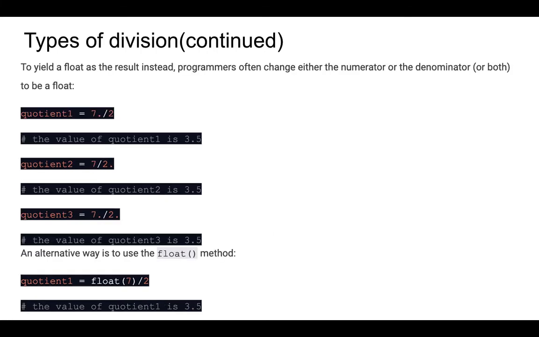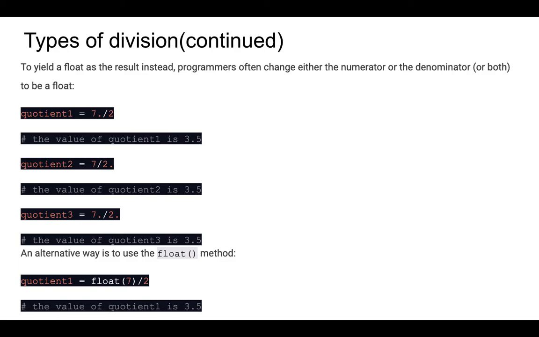So here it is saying that to yield a float as a result, programmers often change either the numerator or denominator or both to be a float. In the first example, quotient 1 equals 7 decimal point over 2, which would give you 3.5 as it's a float.